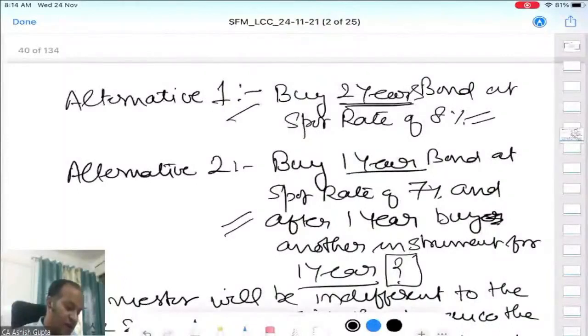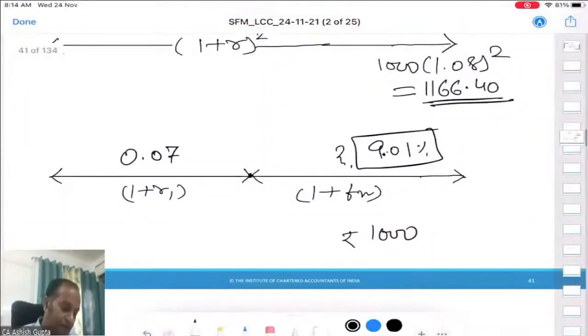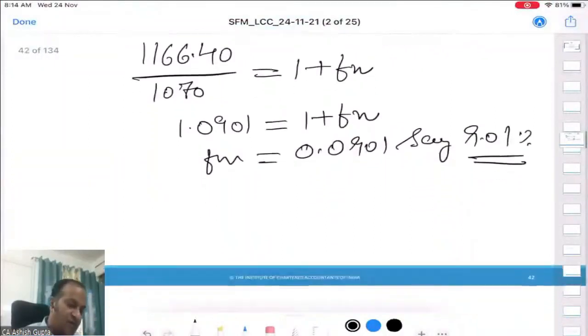Either I go for 8% for 2 years, or I go for the option of first year at 7%, and then for another 1 year, I need at least a rate of interest of 9.01%.